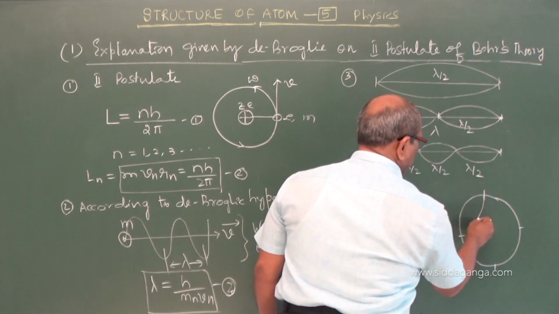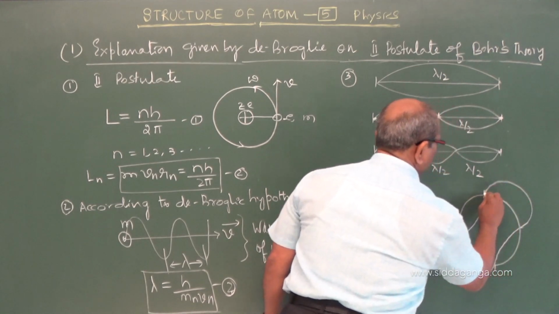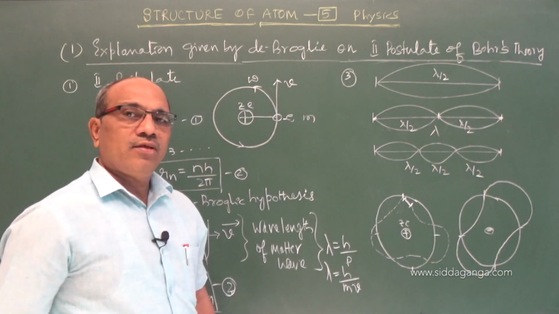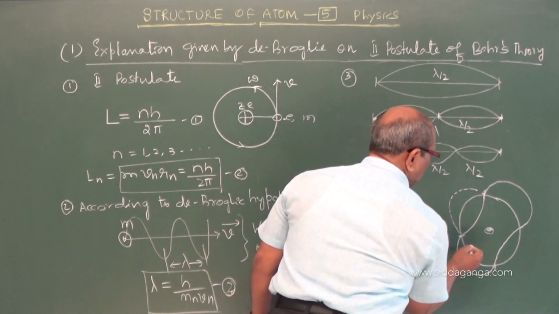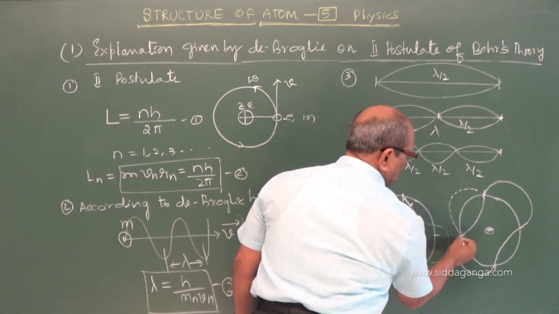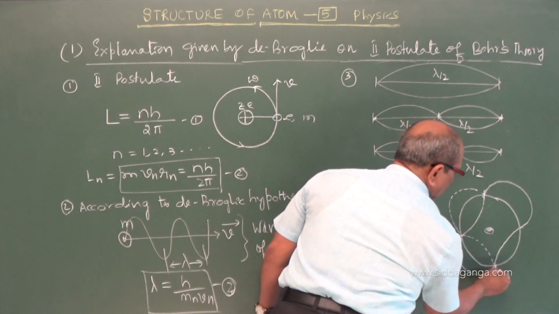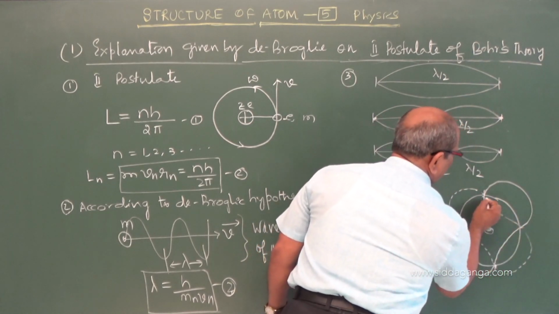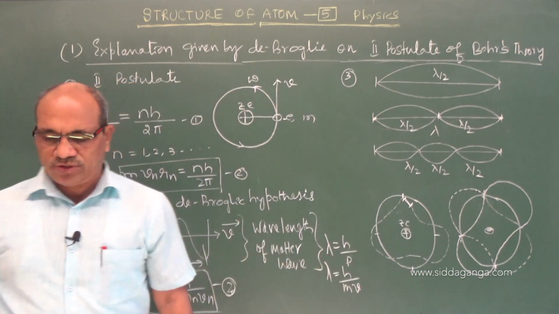Now let us imagine like this, and this one. Now it is okay. Why? Because you see that alternately, perfectly node to node, it started from a node if you imagine. So it goes to that point and again returns. Now you see that perfectly the orbit is divided into how many wavelengths.